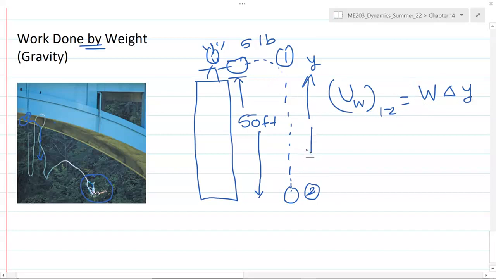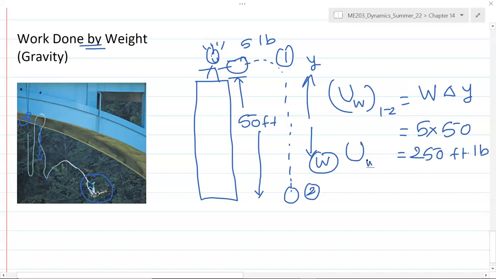Gravitational force is in the downward direction, and the displacement is also in the downward direction, so they are in the same direction. So the work done is nothing but the weight of the object, which is 5 pounds, multiplied by the displacement, which is 50. So 5 times 50 is 250 foot-pound. This is the work done by gravity, Uw 1 to 2.